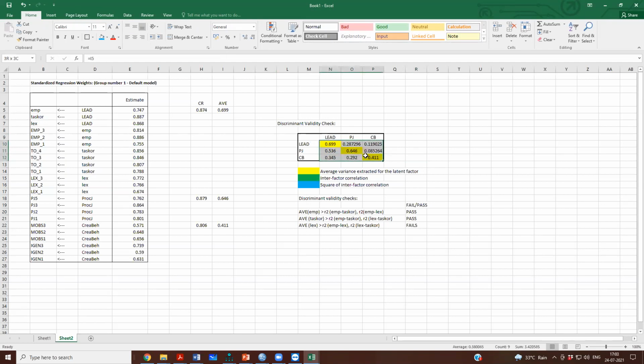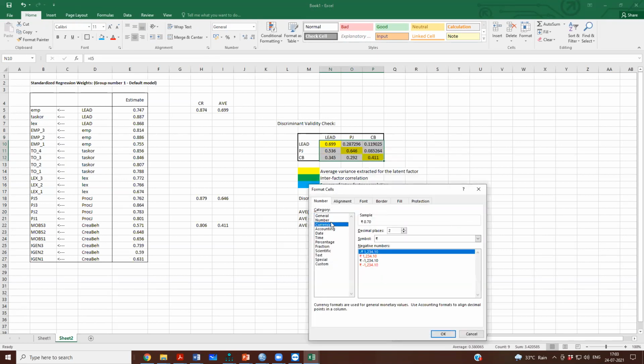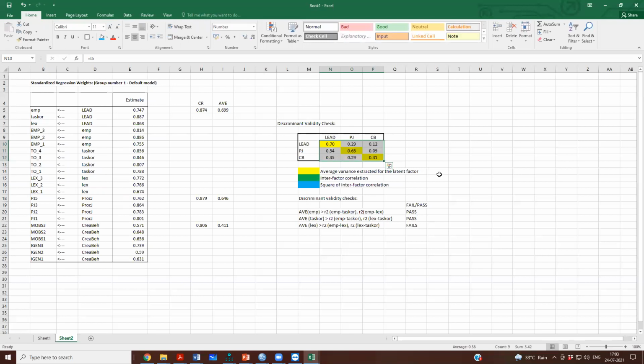Okay, and let me just make it 2 decimal places. Right, so this is our discriminant validity table that we are going to work with.